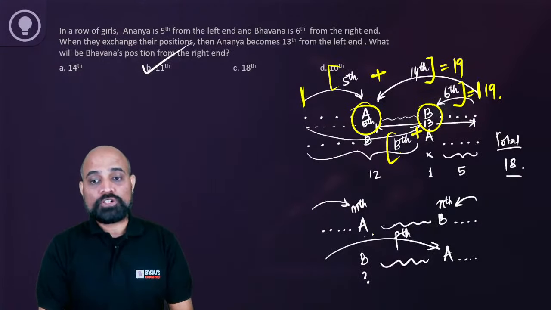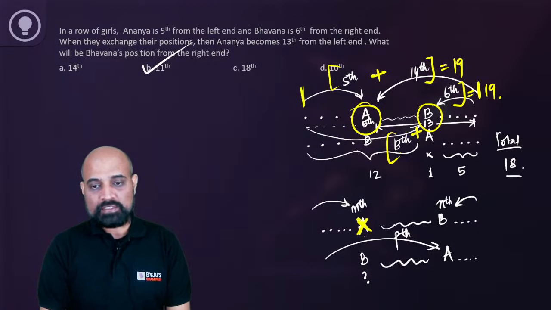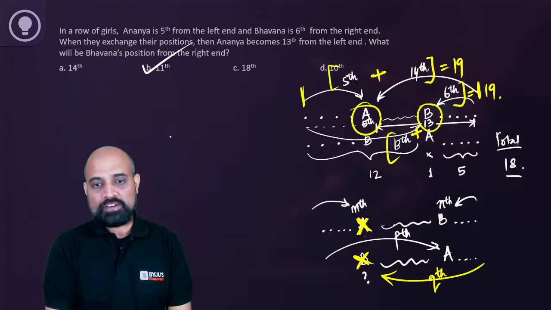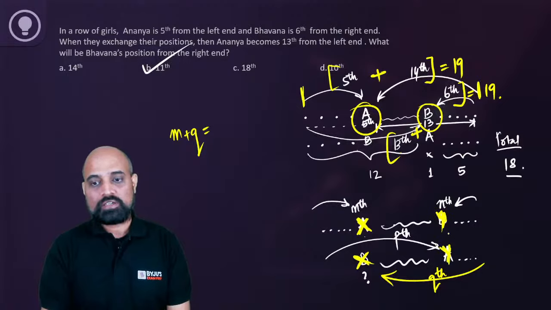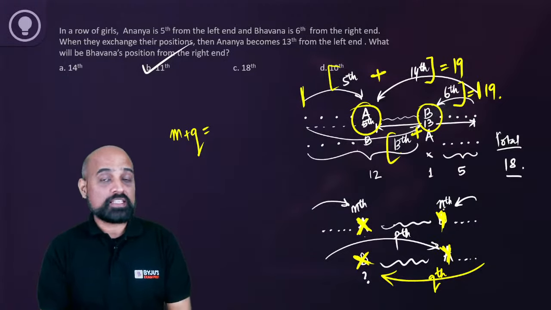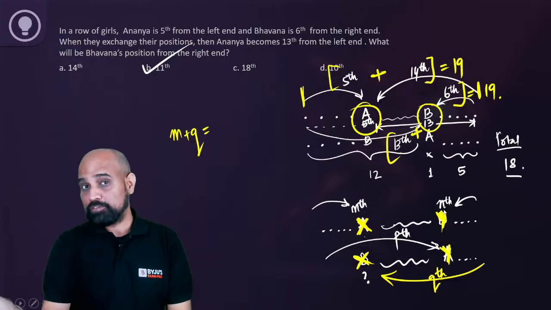So it's not about A and B. I'm saying this particular position, if it is qth from the other end, so can we say M plus Q should be equal to, if I look at B's position, यहाँ वाला position, so this is nth from one end and it is pth from the other end.